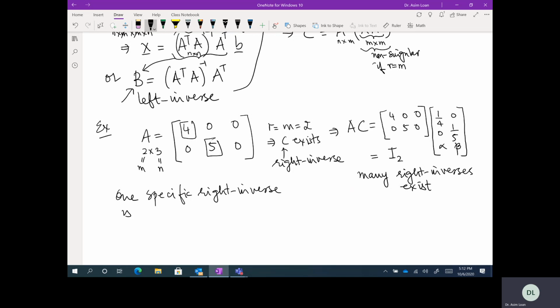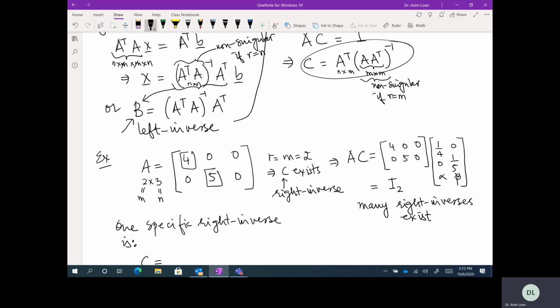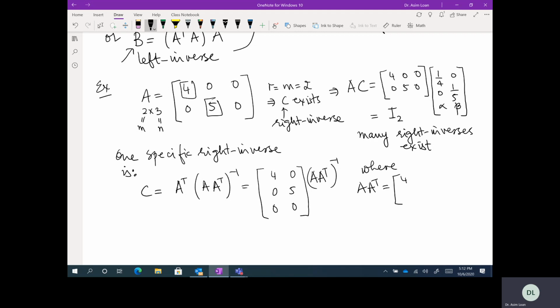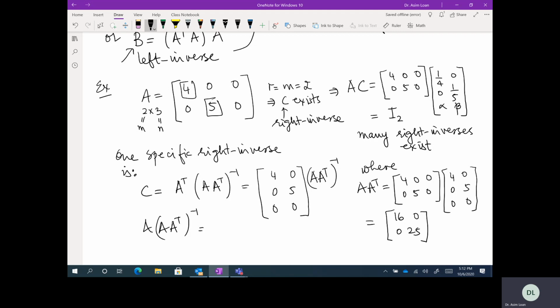is C equals this one, A transpose (A A transpose) inverse. So A transpose is [4 0; 0 5; 0 0], and A times A transpose is simply [4 0 0; 0 5 0] times [4 0; 0 5; 0 0], which is equal to [16 0; 0 25]. And the inverse of A A transpose is simply 1 over 16, 1 over 25, 0, 0.